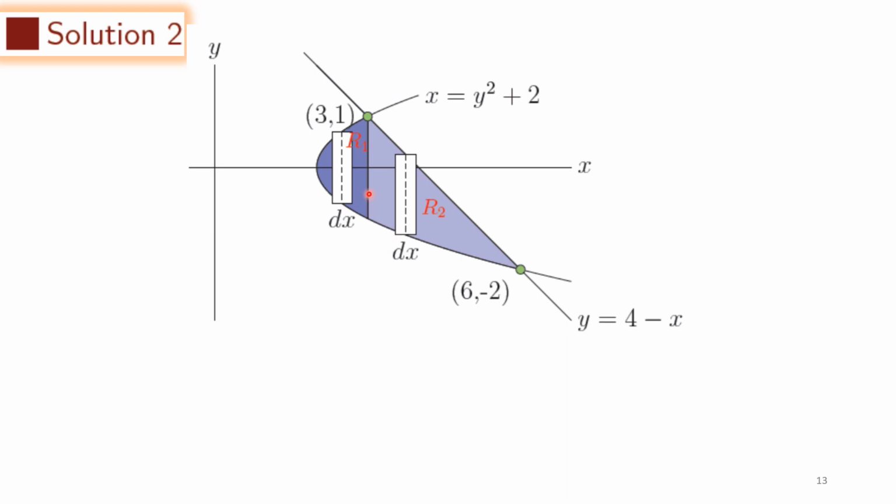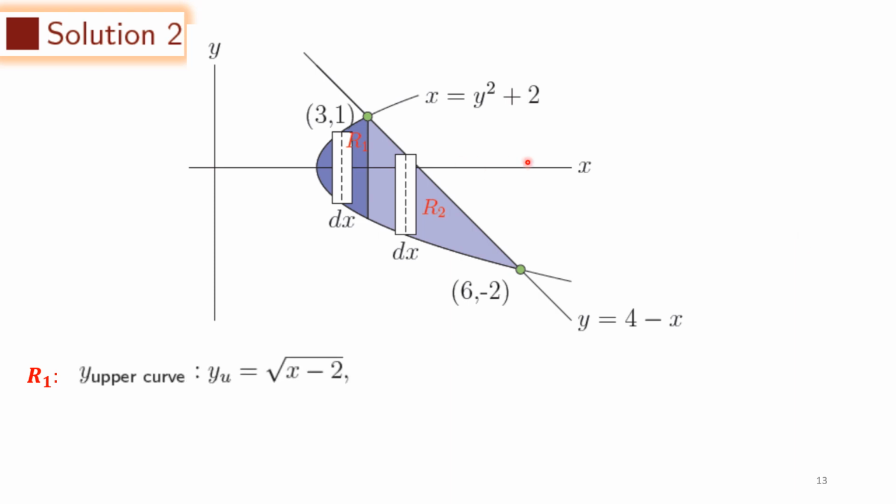For region 1, if you take a look at this one, here the upper curve is this, whereas on this part, the upper curve is this line. So we cannot make use of just one region to compute. You have to consider two regions to compute, making use of your vertical strip.